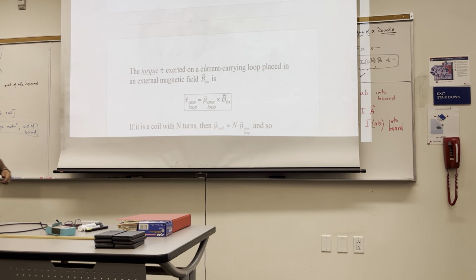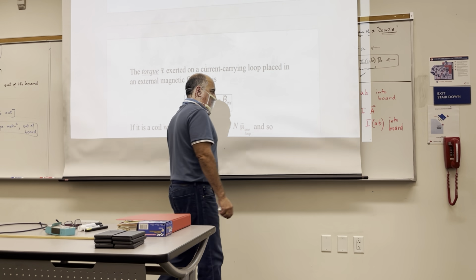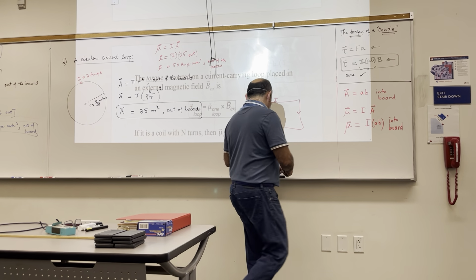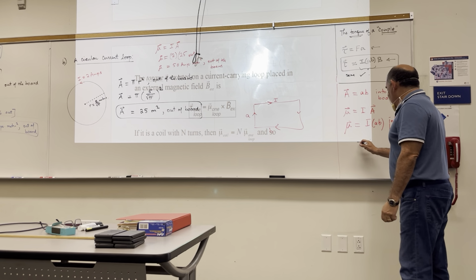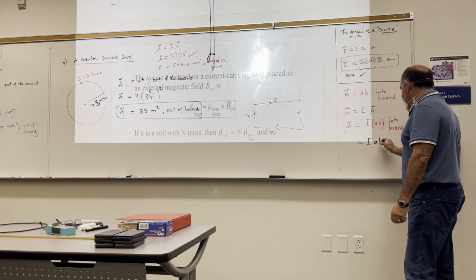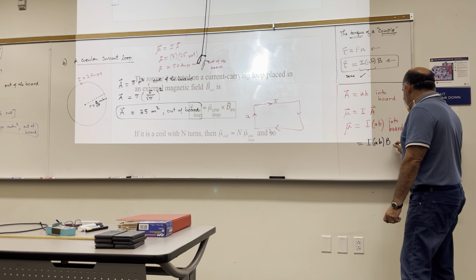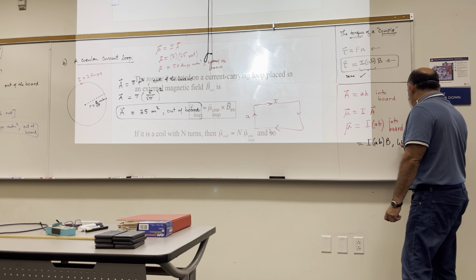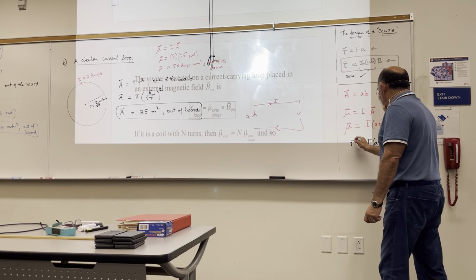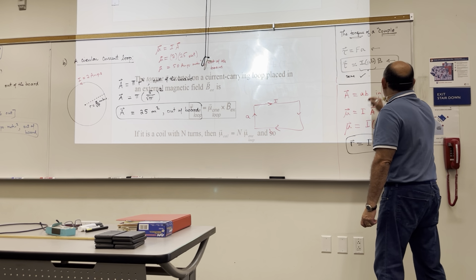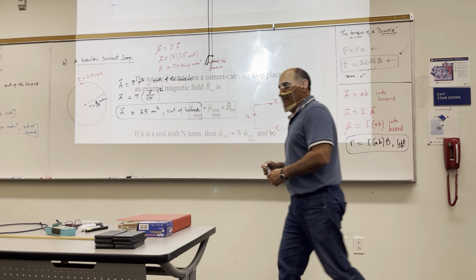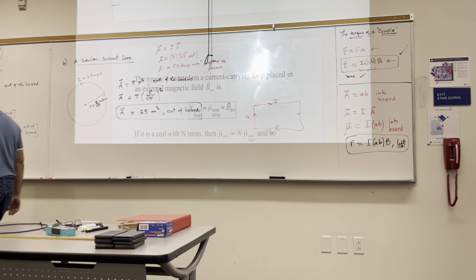So the torque for the problem that we did would be I, A, B, times the magnetic field, and to the left. And that's the same as this, so that's another way of doing the problem.